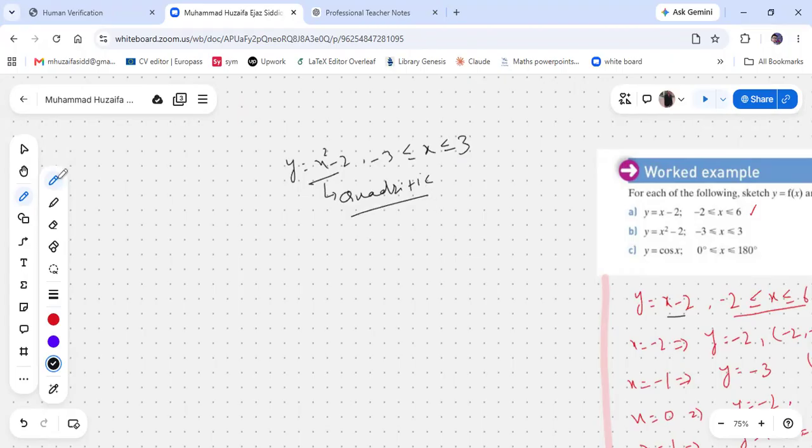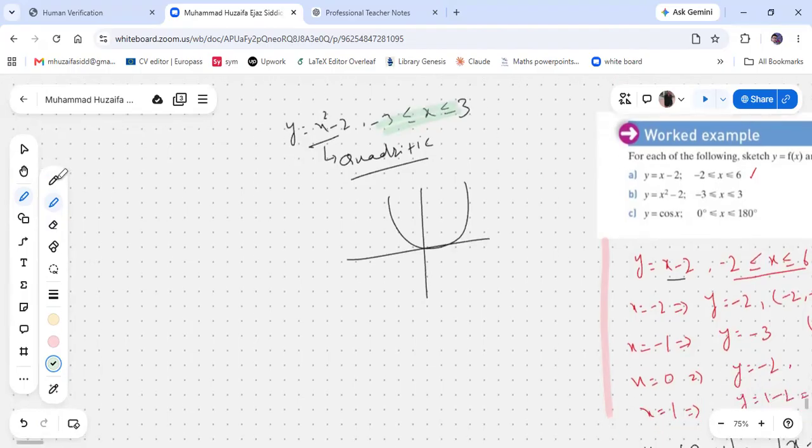Parabola, or it is U-shaped like this type. You know how we can construct this function's graph: we put dummy points and find out the points in between them.